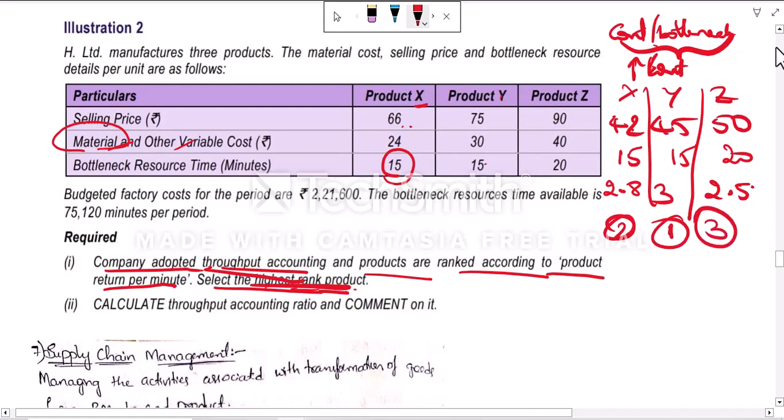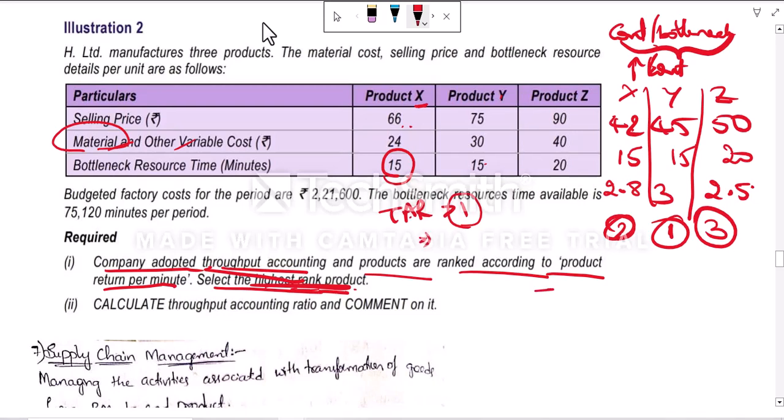Next, calculate the throughput accounting ratio and comment on it. If TAR, the throughput accounting ratio, is more than 1, it is profitable to produce that product, otherwise it is not profitable. What is the formula for that?